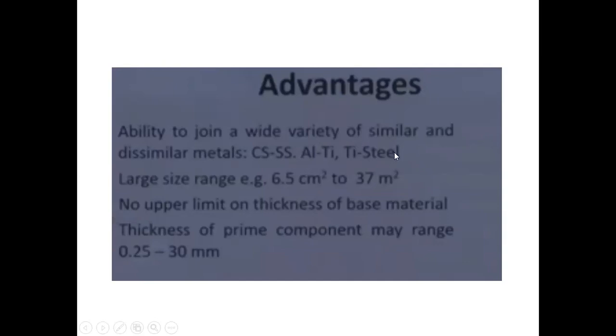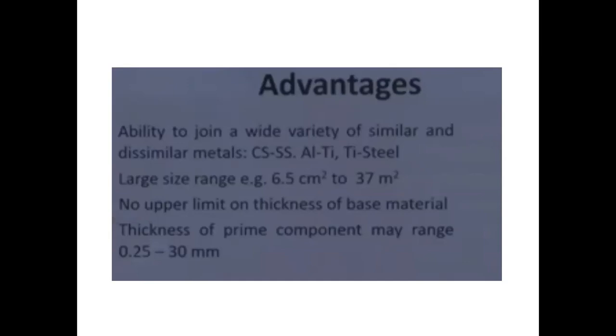So when this combination is there, and particularly titanium, which is quite sensitive to reactions when it is subjected to high temperatures, and the fact that you have dissimilar metals, that is what makes explosive welding feasible, right?